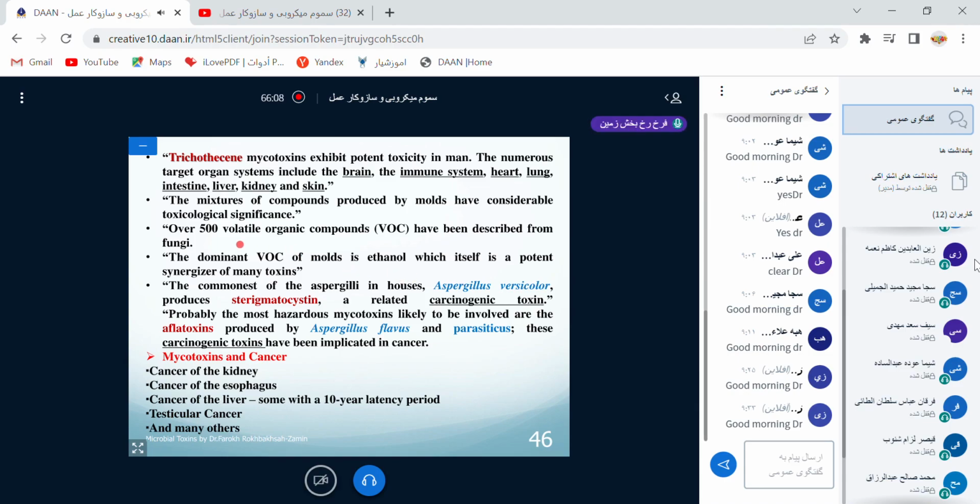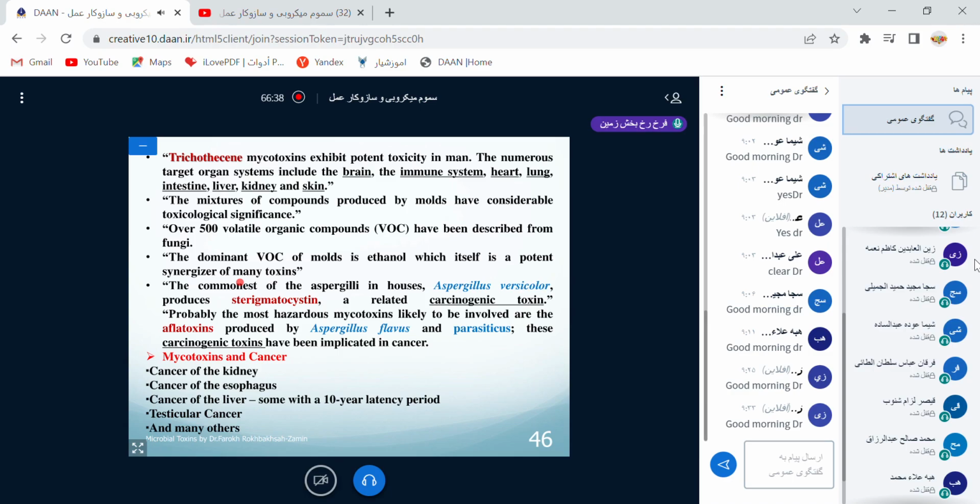Over 500 volatile organic compounds, VOCs, have been described from fungi, like ethanol, which itself is a potent synergizer of many toxins.